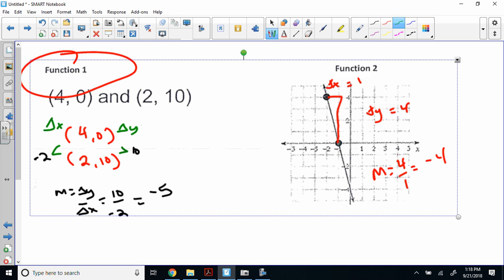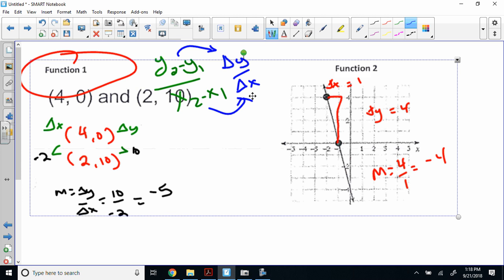You may have been taught that slope is y2 minus y1 over x2 minus x1, right? Y'all remember that? I don't primarily use that. Because really, y2 minus y1 is the change in y, and x2 minus x1 is the change in x, right? And I think it's easier to count on a number line than it is to mess up arithmetically doing subtraction, which is really addition.